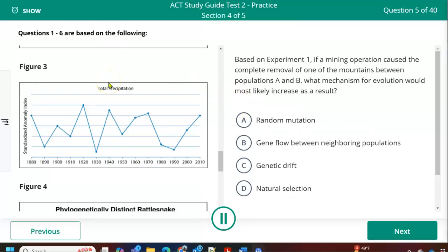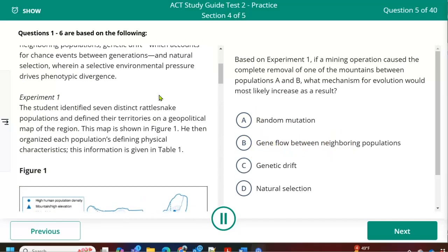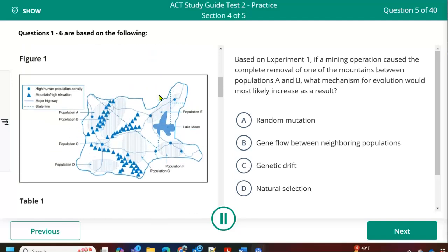Based on experiment 1, if a mining operation caused the complete removal of one of the mountains between populations A and B, what mechanism for evolution would most likely increase as a result? Okay, well, it's going to be B. So we're taking out mountains between A and B. All right.